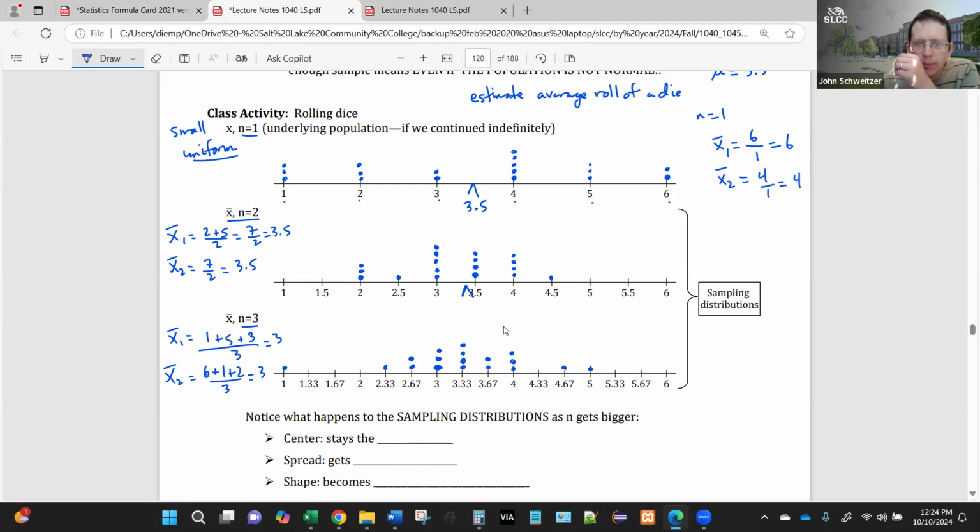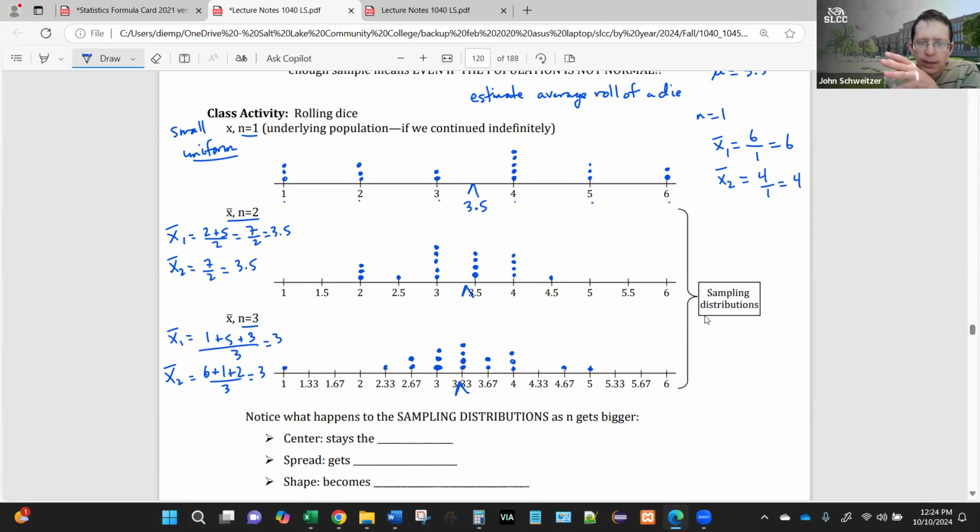So what are we seeing here? Well, what is the balancing point? If you were to imagine this is like a seesaw, where would the balance go? Well, pretty much in the same place, right? Maybe a little bit to the left, but about the same place. So what's going on here?